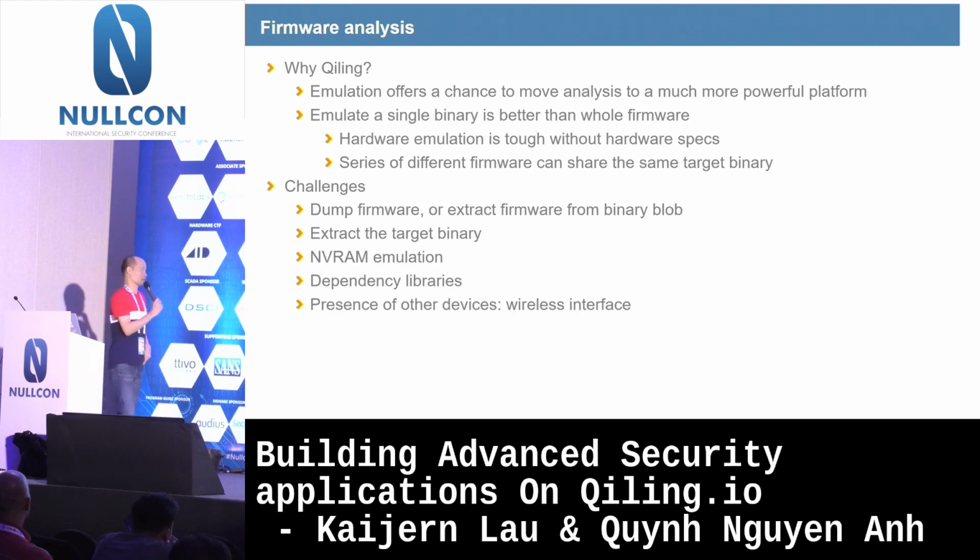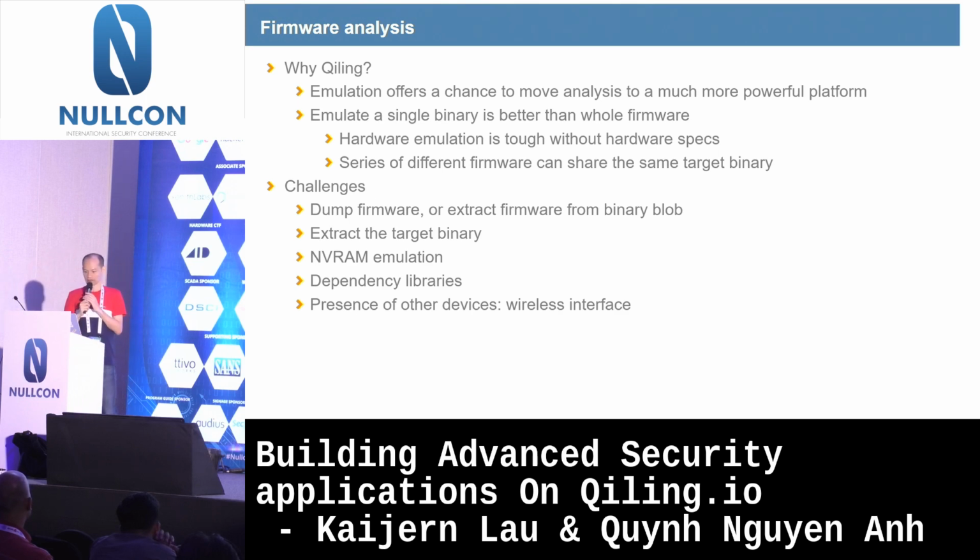Okay, here's one very nice application for Qiling: firmware analysis. Why is Qiling very useful for analyzing firmware? The reason is that by emulation, you can move the analysis to a much more powerful platform. Like if you want to analyze an ARM binary, you do not need to run that on the ARM device, but we emulate it on a much more powerful Intel machine.